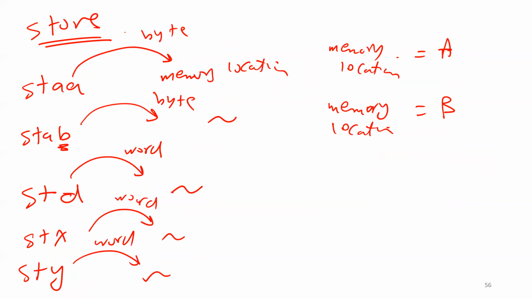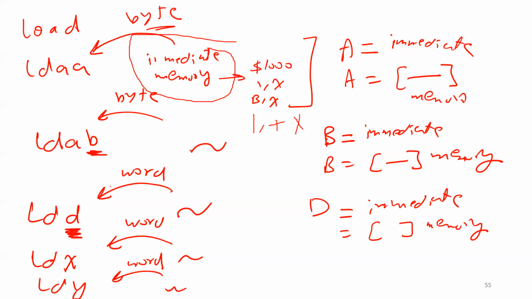What about store? Exactly the same thing. I'm going to repeat the same instructions here, but for store. But remember, for store this register is going to be the source and the destination is going to be a memory location, because store is used if you want to copy to a memory location.